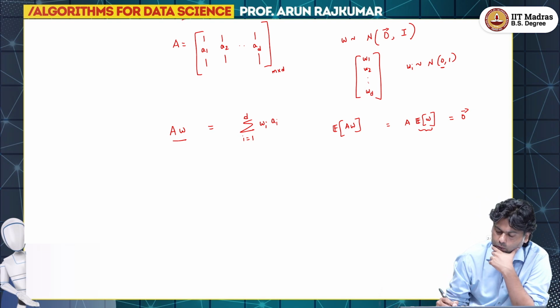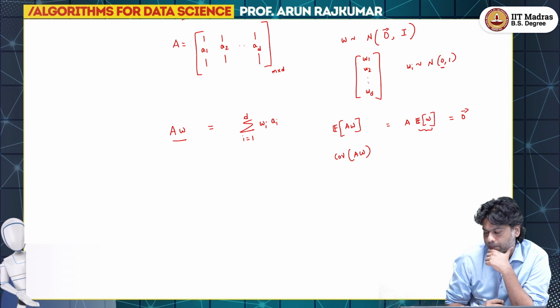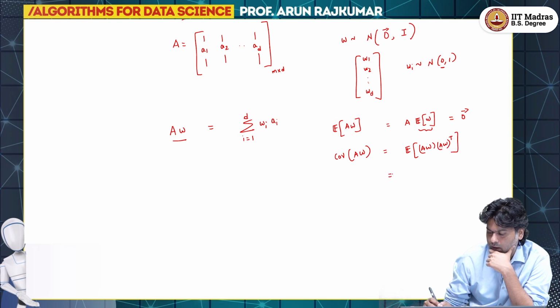For that we can look at the covariance of A omega, and because it's zero mean, this is just the expected value of A omega times A omega transpose, which is the expected value of A omega omega transpose A transpose.